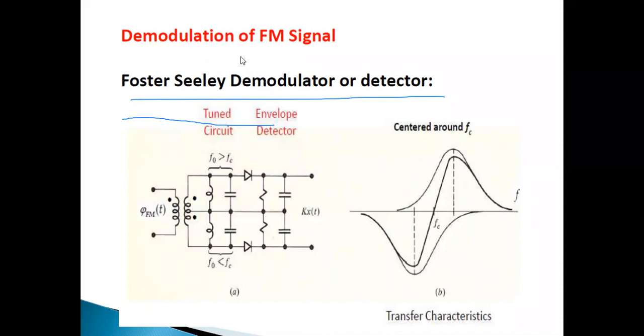Now the demodulation of the FM signal can be done by using one more method, represented as the Foster Seeley demodulator, or simply detector, otherwise called the Foster Seeley discriminator.